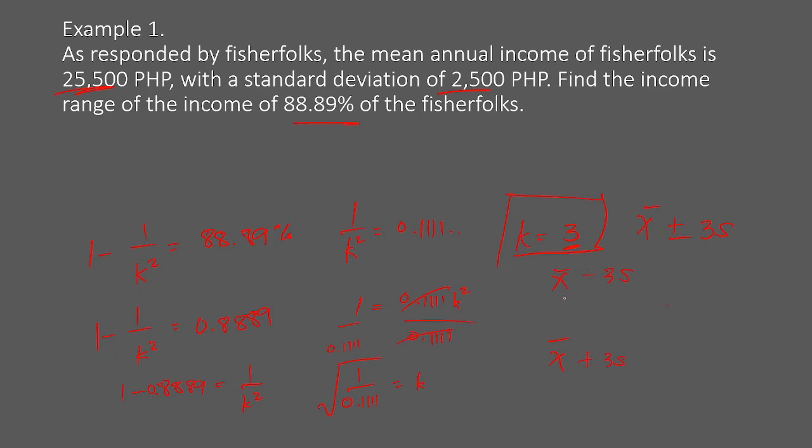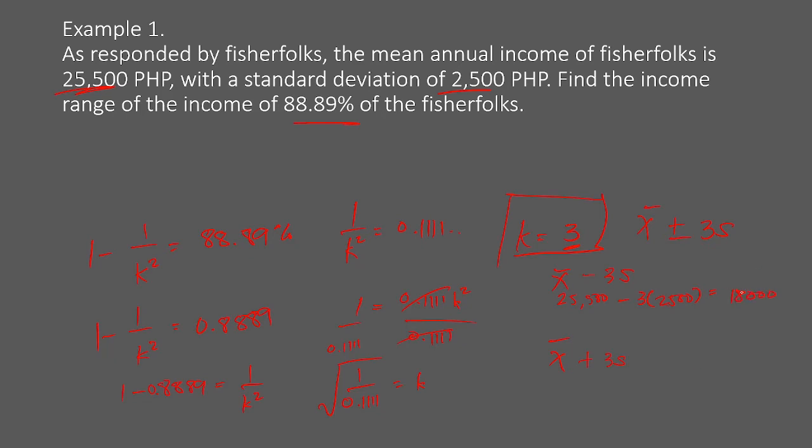Ang mangyayari diyan, x bar natin is 25,500 minus 3s. So, 3 times 2,500, that will be 7,500. Tama ba? 25,500 minus 7,500, so that will be equal to 18,000.